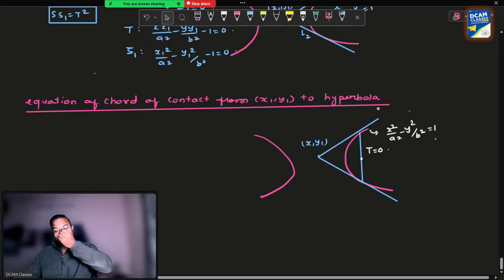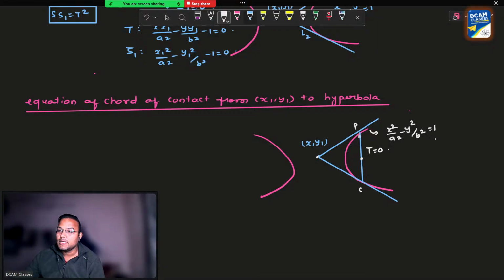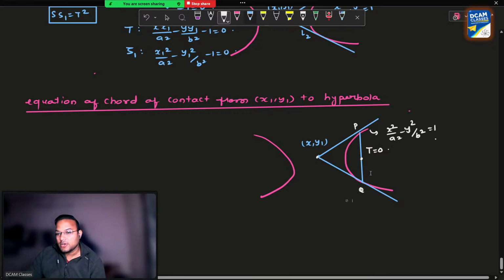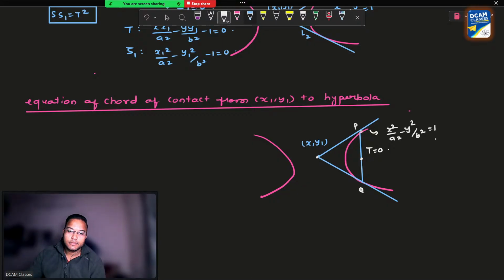This is the equation of chord of contact. As a reminder, from a point, if you draw two tangents, these two tangents touch at 2 points. Suppose I say they are P and Q. If you join these 2 points P and Q, you will make a chord whose equation is the same as the equation of tangent to a point on the hyperbola. That is T is equal to 0.